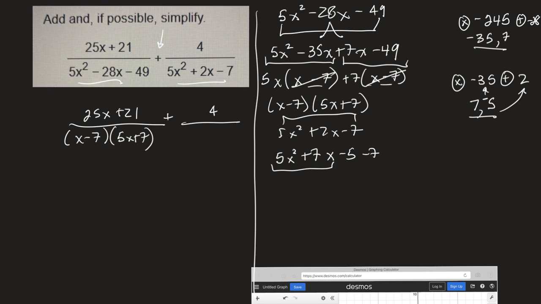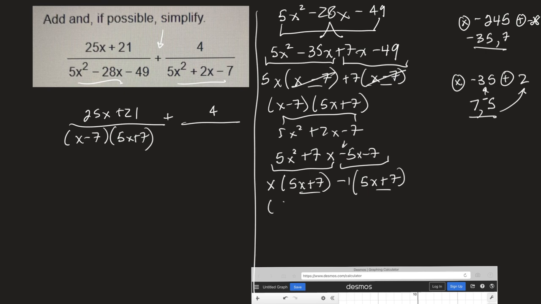Okay, group factor. Oh, I missed an x in there. So I can take an x out of the first, leaving me with 5x plus 7. The next, I can't divide anything except for 1. Since there's a negative here, I'll factor out a negative 1. So that'll just change the sign of both of those things inside.